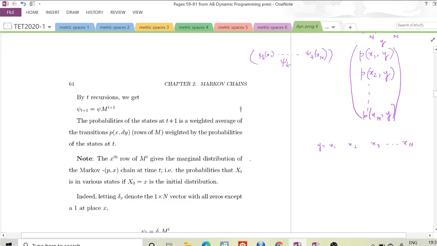Yesterday's probabilities are given by this 1 by n matrix of marginals, and then I have these conditional probabilities of being in state x1 today, given that I was in some state x1 through xn yesterday. Right? Then the probability of being in x2 today, given that I was in any state yesterday.